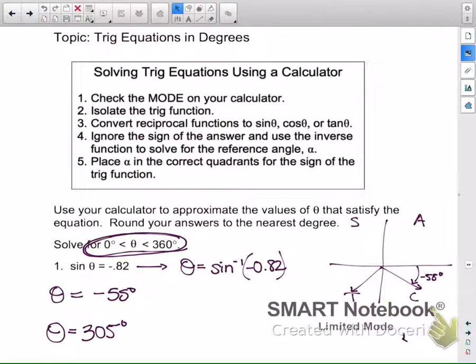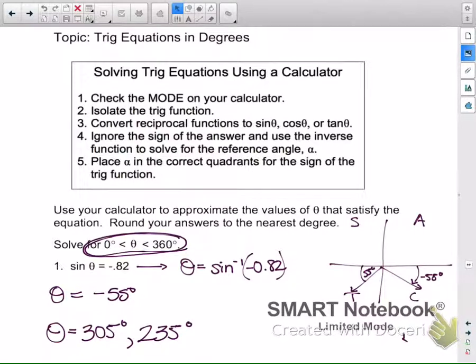Okay, which of the angles in here do I know? What did we call this angle? The reference angle, right? That one's negative 55. This is also a reference angle of 55 degrees. So how am I going to get my second answer? 180 plus 55, which gives me my second answer of what? 235.